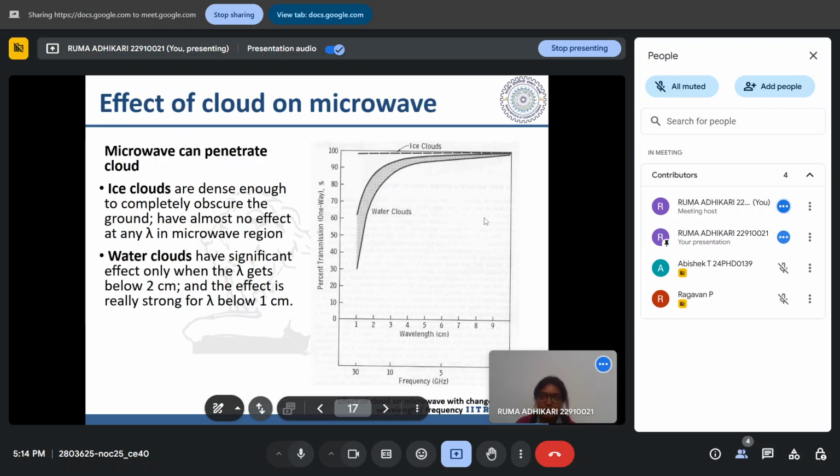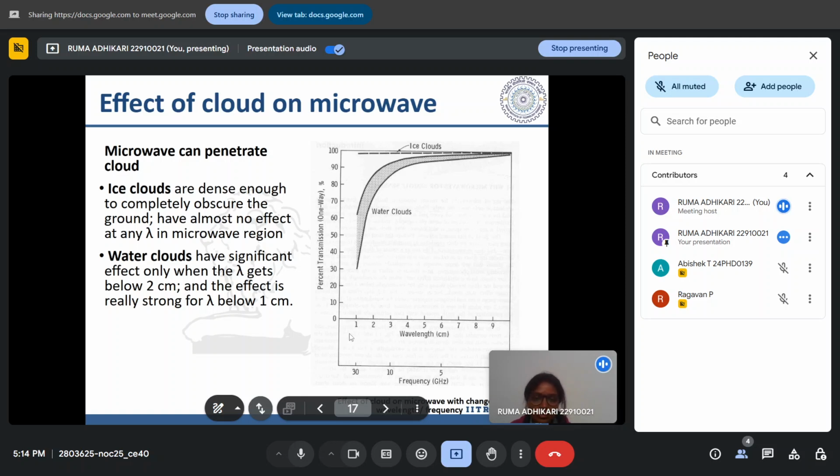Now, the effect of different atmospheric conditions on the microwave, I covered this previously, how it affects the microwave, for ice clouds and for water clouds.